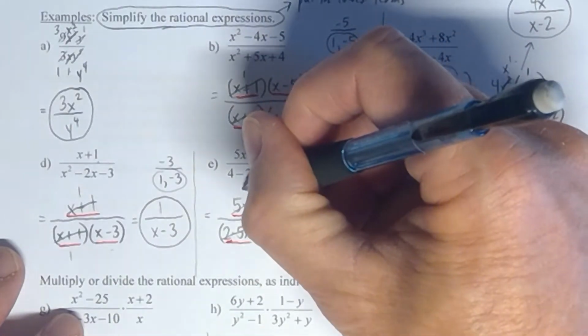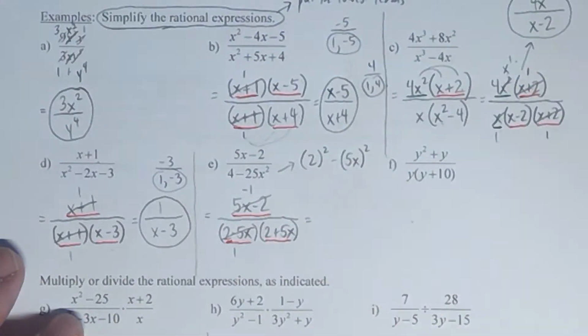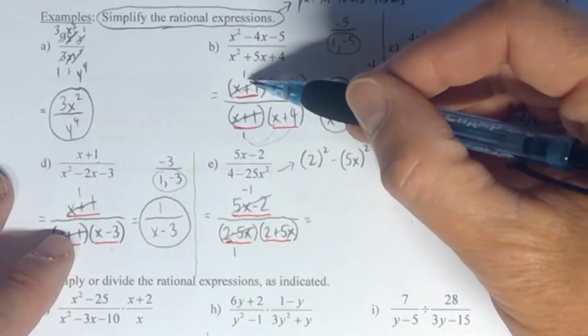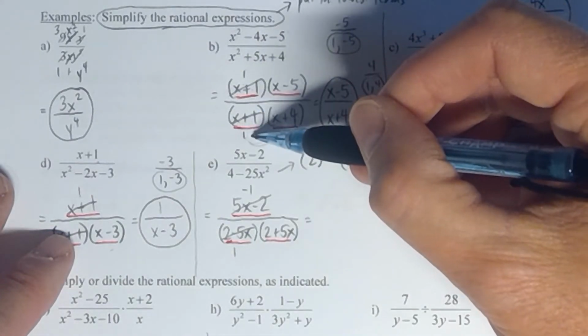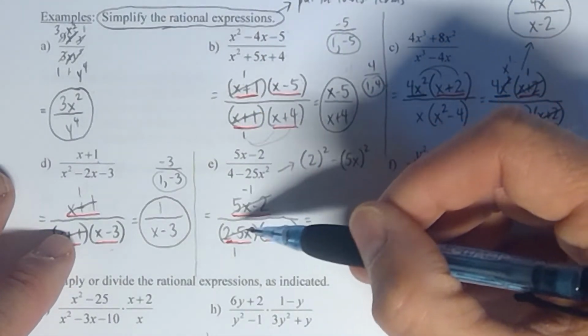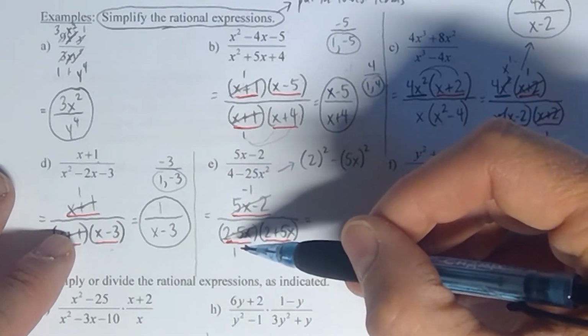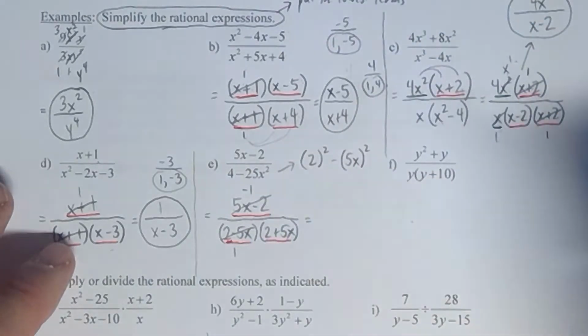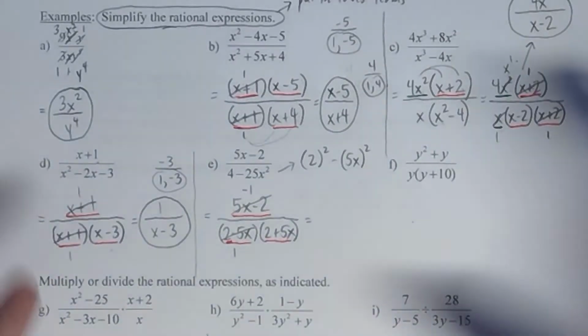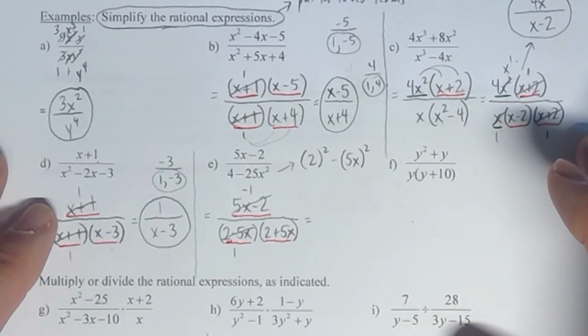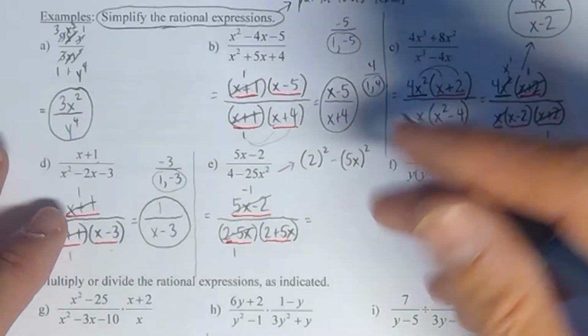You say negative 1 over 1. Okay? So if they're both the same sign, you say 1 over 1. If they're both the opposite sign, you say negative 1 over 1. Okay? And those are the only 2 times you can cancel red ones. Okay? That's the only time.